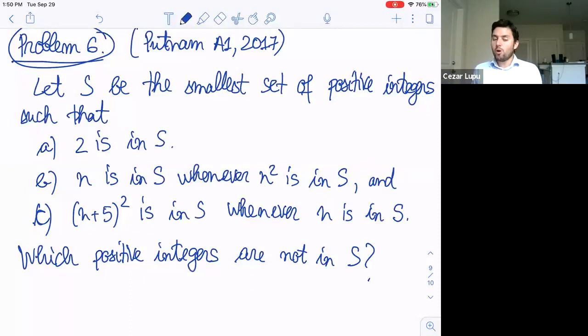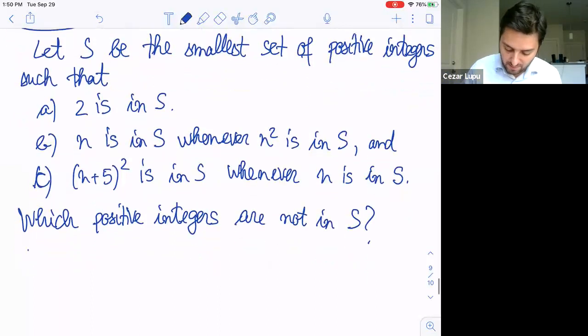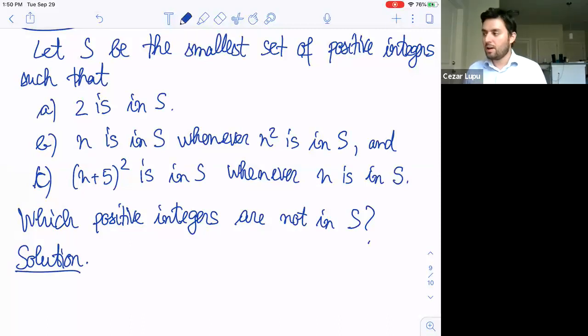Maybe there are almost all of them. And the answer is the following. Let me give you the short answer. Not quite all integers are in S.